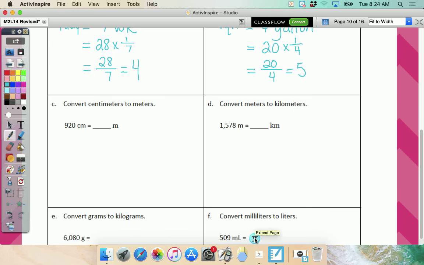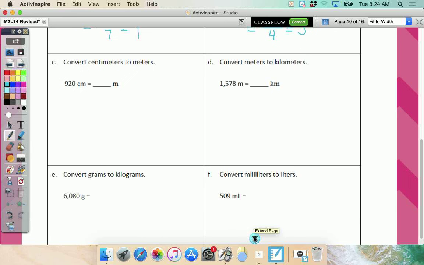Okay, I'm going to pull sticks now to tell me what I need to write down with my 1 unit. So this time it's centimeters to meters. I've got 1 centimeter here. Peyton, centimeters is smaller, so I'm going to need a fraction or a decimal.